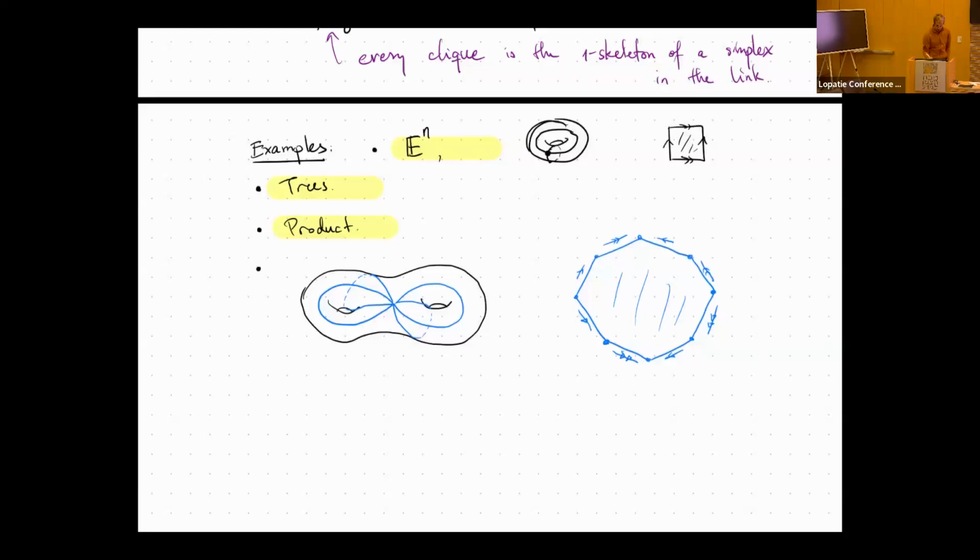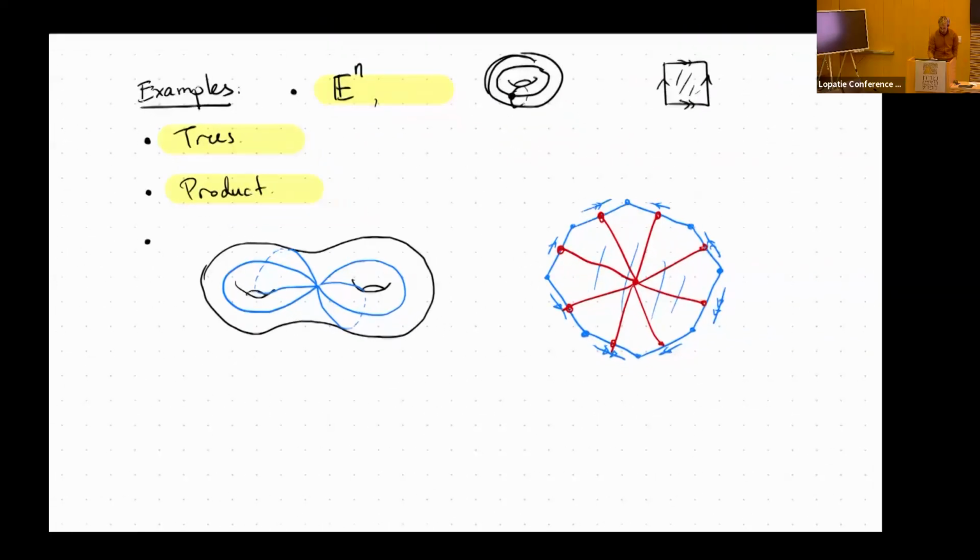Chopping this up into squares, you'll get a non-positively curved cube complex. You have to chop it in a certain way to get it. Let's check that we understand the definitions, and check that this is a non-positively curved cube complex.